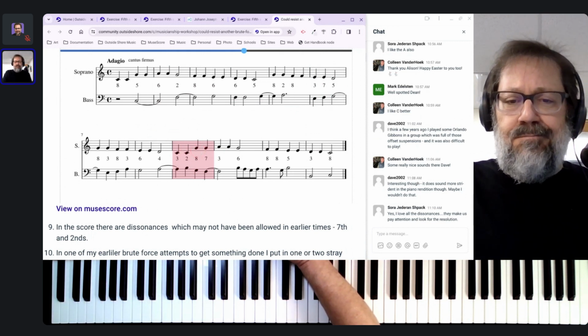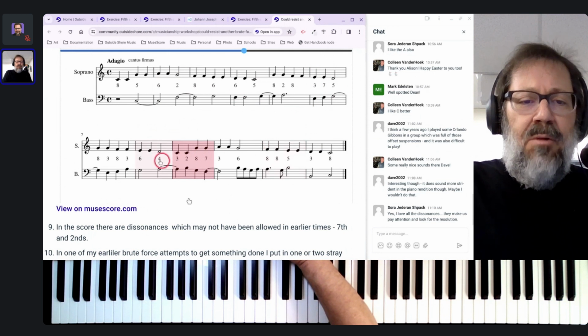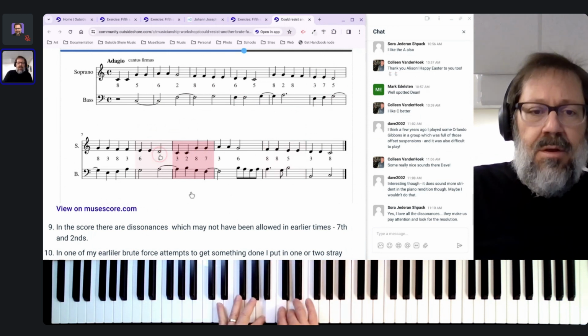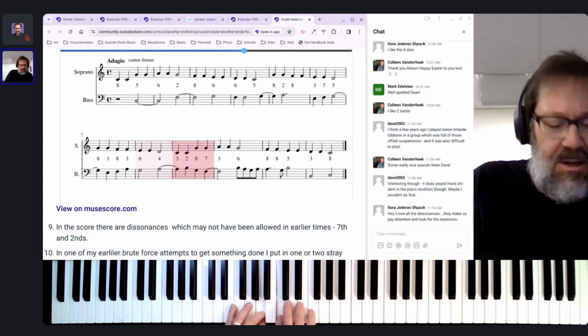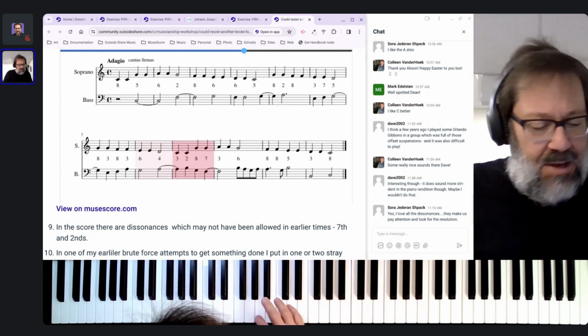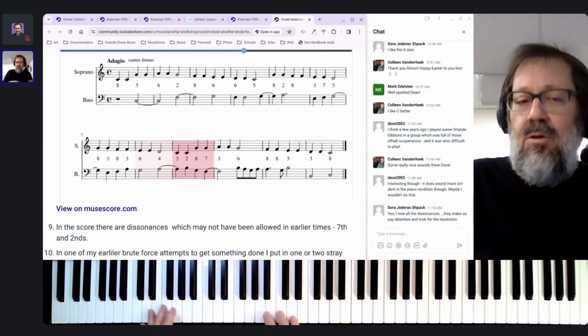And there's a couple 4ths here, like this 4th, that then comes down to the 3rd, which again, in the right context, we've talked about 4/3 suspensions. Could totally be fine.